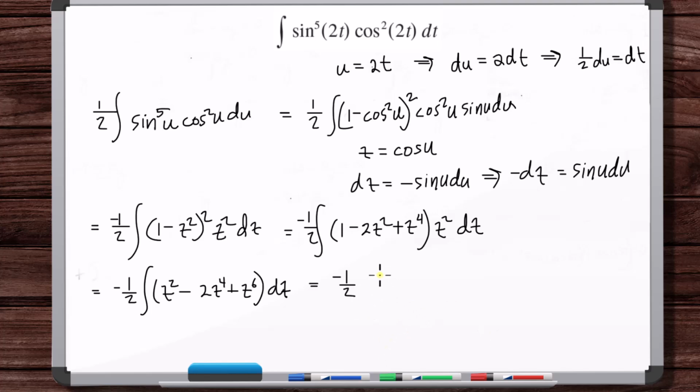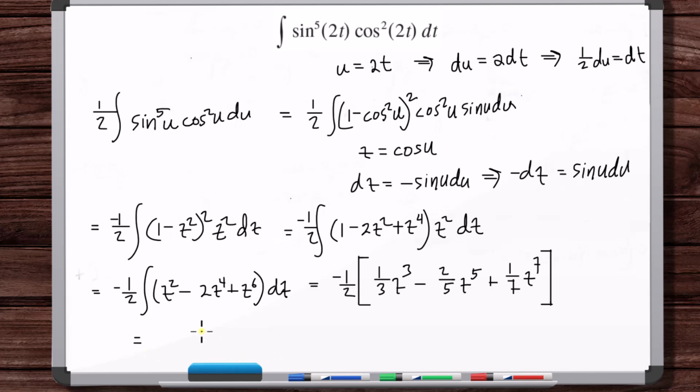Okay, so we've got minus 1/2 times the integral of all of these, which is 1/3 z cubed minus, and this would be 2/5 z to the fifth, and then 1/7 z to the seventh.